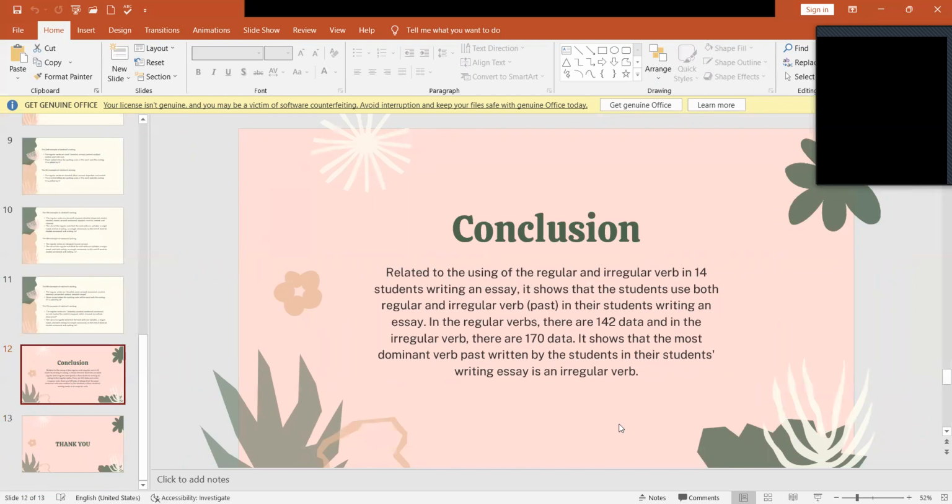In the regular verbs, there are 142 data, and in the irregular verbs, there are 170 data. It showed that the most dominant past verb written by the students in their essays is the irregular verb.